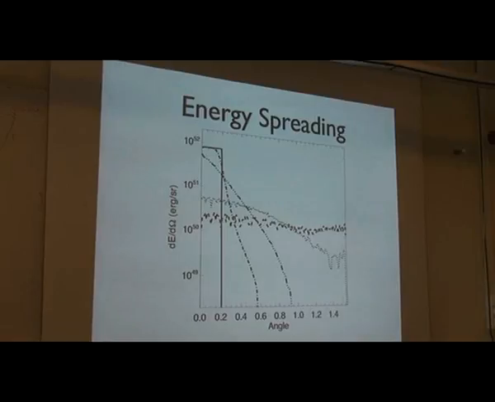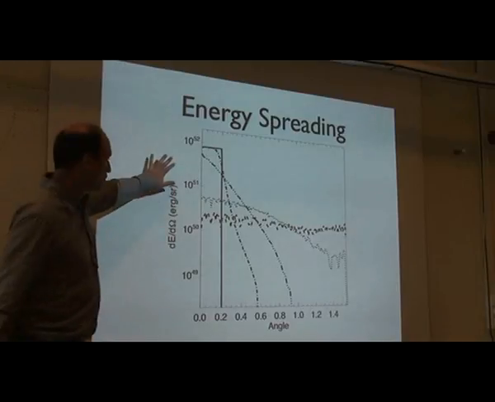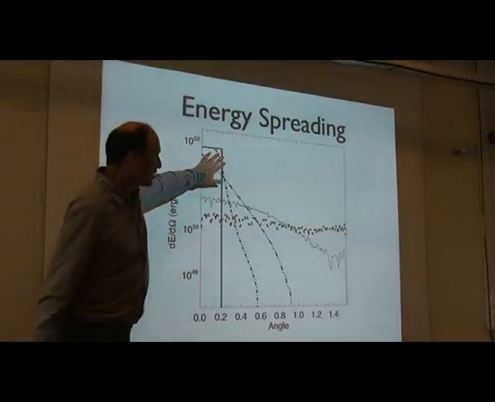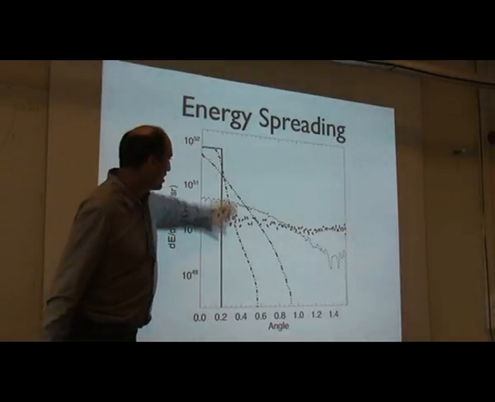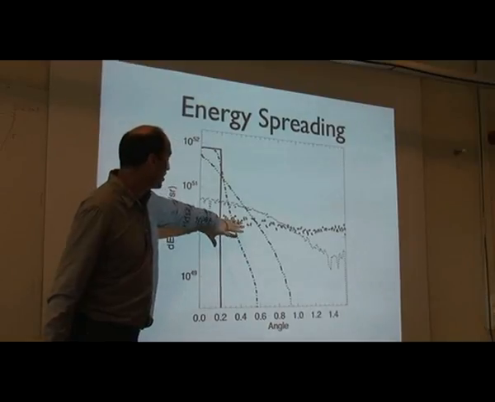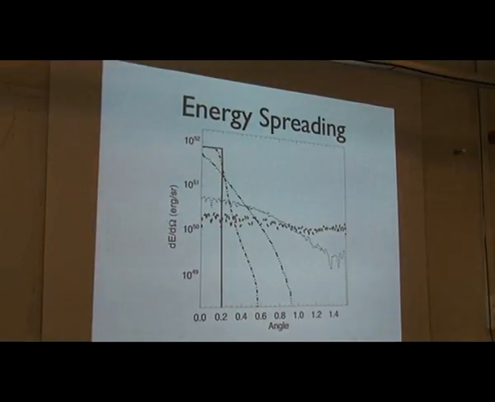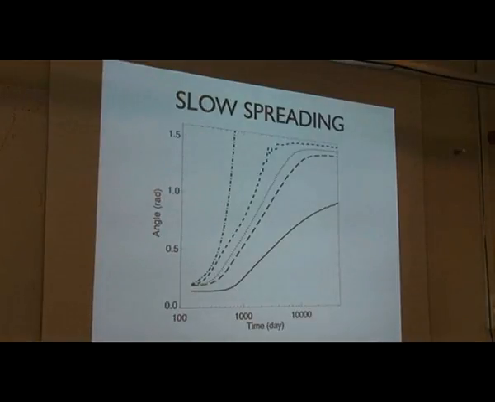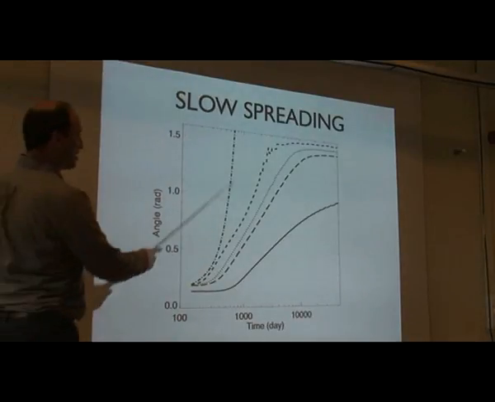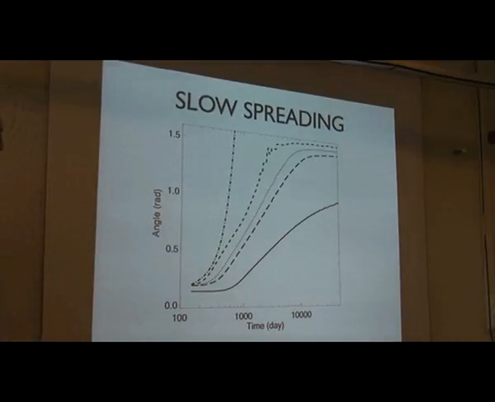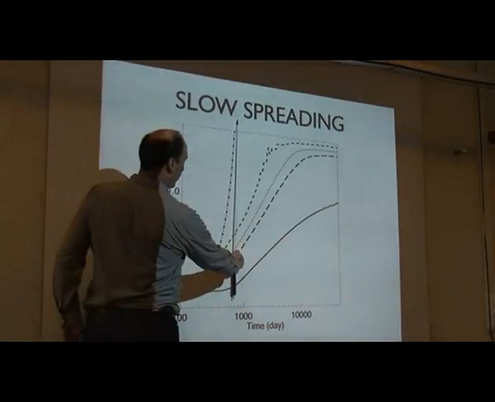Anyway, one of the main results is that this spreading is a slow process, and it takes much longer for the explosion to isotropize, and it stays jetted longer than you'd expect. This dotted line is the analytic expression, so it spreads laterally very quickly.